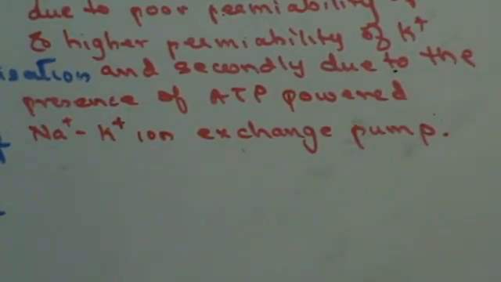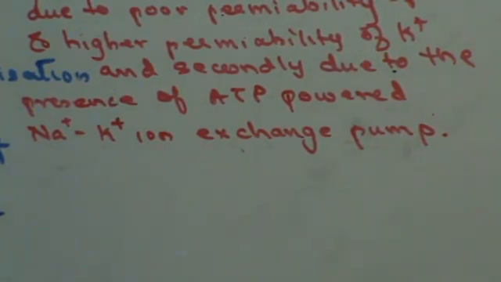What would ATP do? It would expel 3 sodium ions for every 2 potassium ions that are imported. That's the reason why, one, as it is, there is semi-permeability. There are fewer sodium ions going inside compared to potassium. Moreover, the ATP is expelling 3 sodium ions and importing 2 potassium ions. So as a result the concentration of potassium ions inside would increase, right?